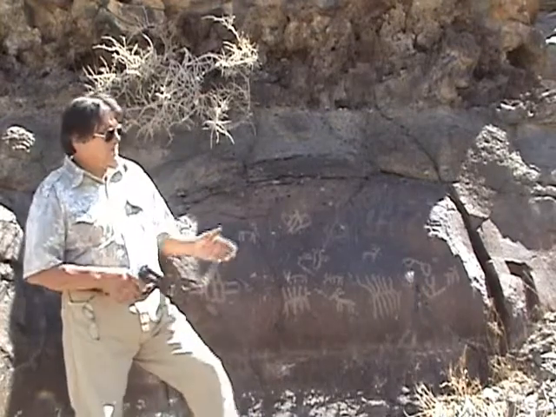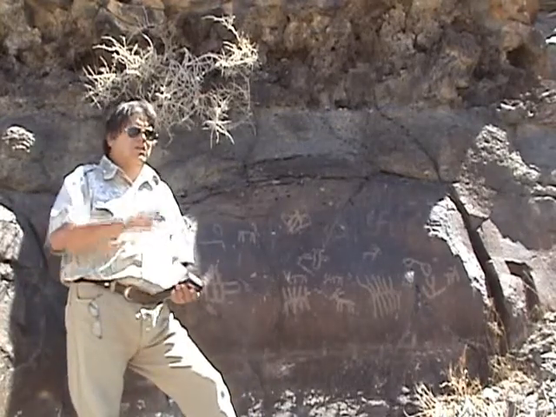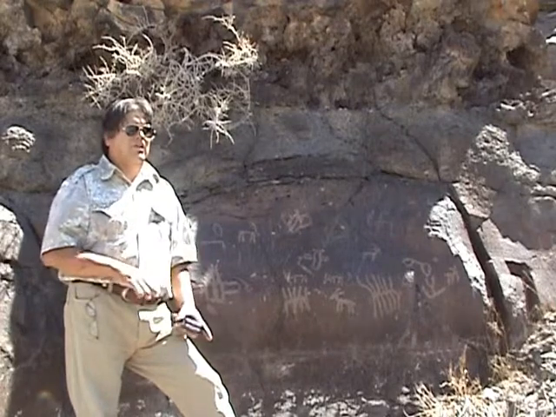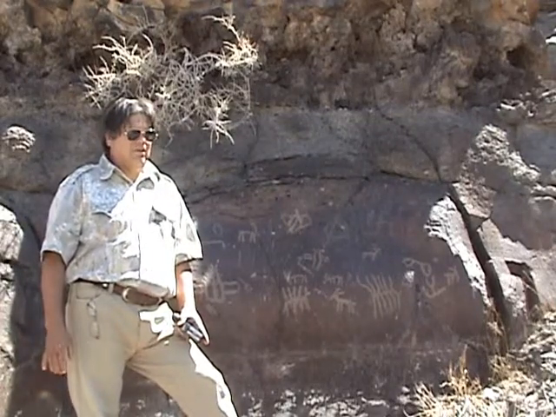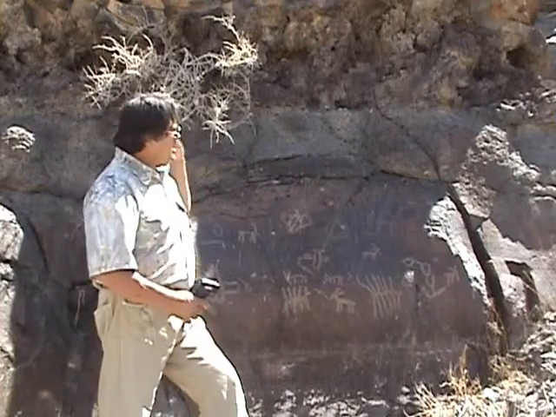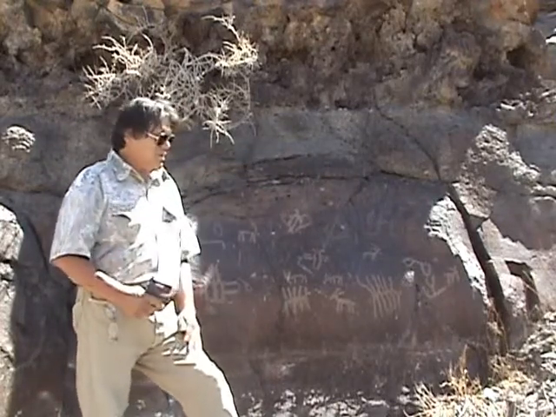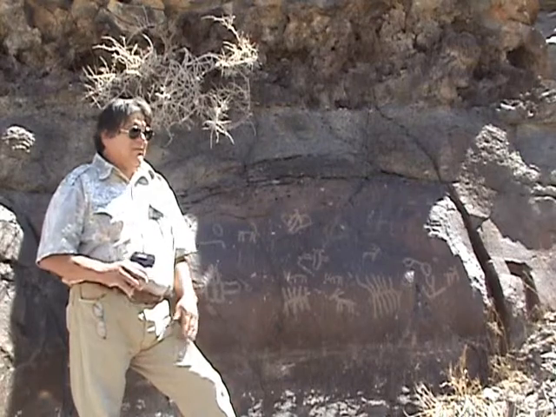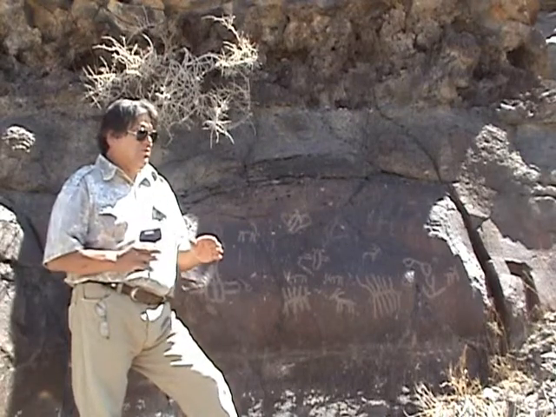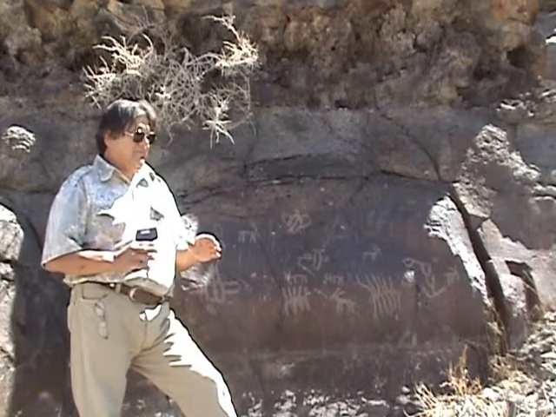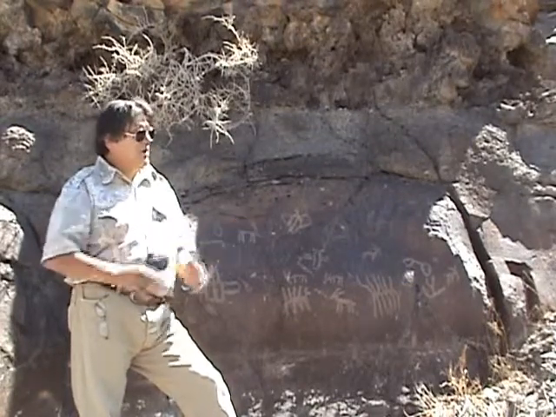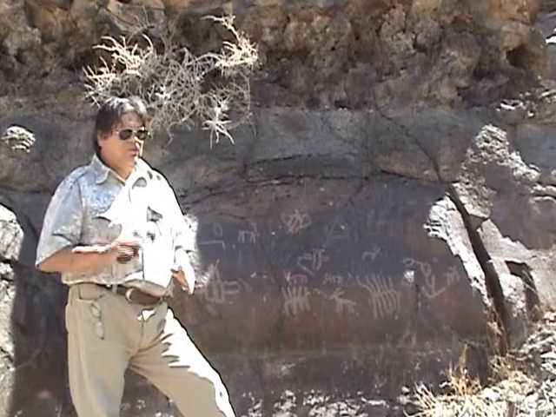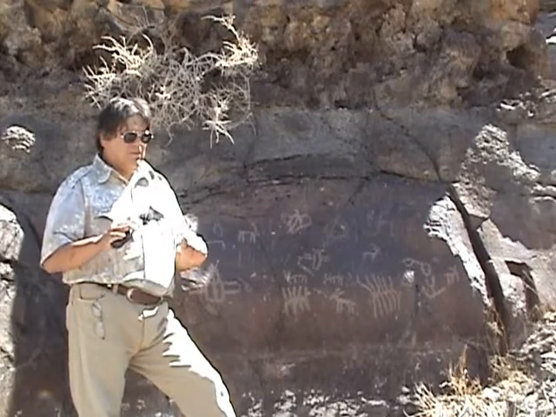A pack rat living right in this marginal area between the desert wash, it's light colored, mostly a granitic sand and gravel, and this basaltic lava with the patina, the heavy patina that's black. That small rodent, since he can't range far, right in this area, it's an area that he can range two very different environments.